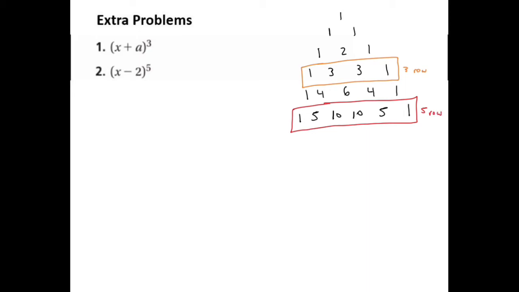So let's see if we can expand these. So in 1, we've got our 2 quantities. We've got x and a. So we'll start with 1 x to the third, a to the 0, so we don't need to write it, plus 3 x squared, a to the first, plus 3 x to the first, a squared, plus 1 a to the third.